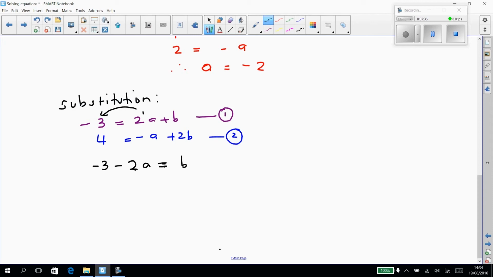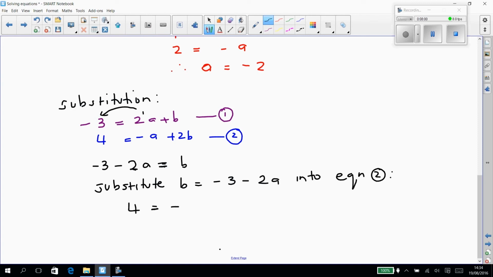And now I'm going to substitute this expression, b equals negative 3 minus 2a, into equation 2. So in the second equation, I have 4 equals negative a plus 2, and I replace b with my expression negative 3 minus 2a.